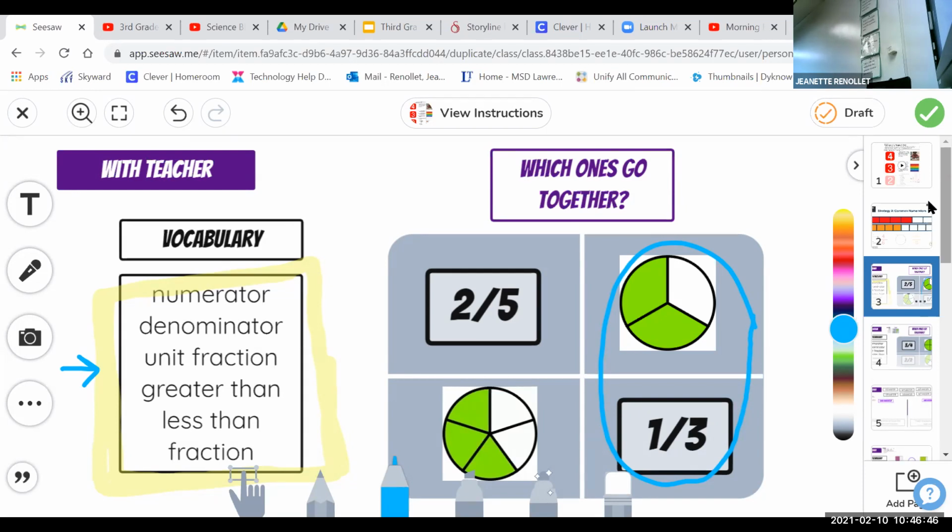Ashley. The only thing that is wrong is that it says that there's two pieces highlighted, but right there it says one.